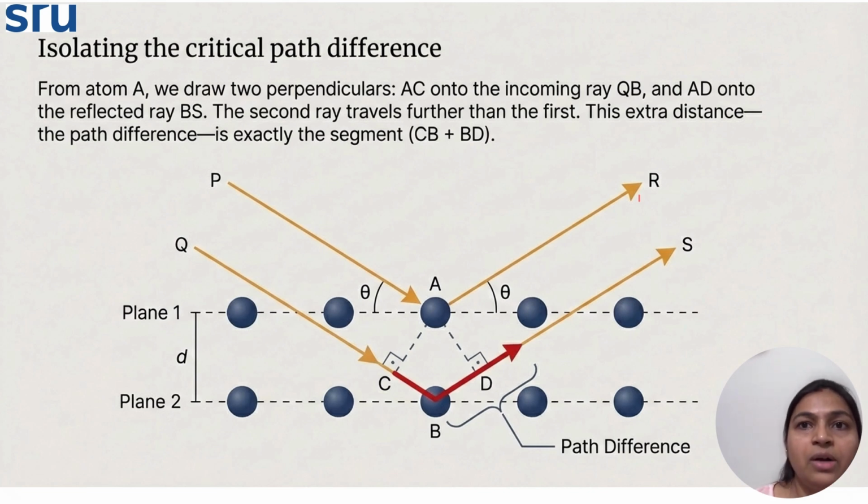Now from the atom A, let's draw two perpendicular lines: AC on the ray QB, and another AD on the ray of BD. These two perpendiculars mean these angles will be 90 degrees, and this will also be 90.